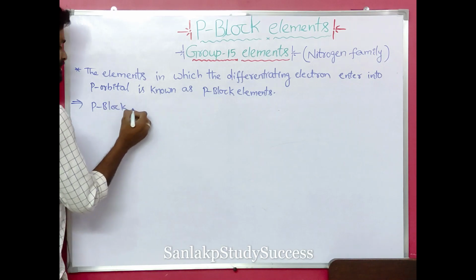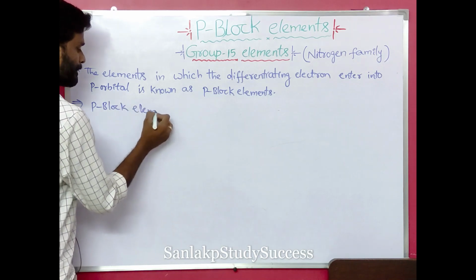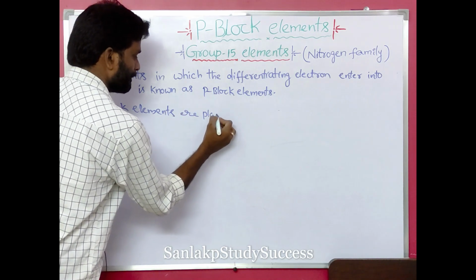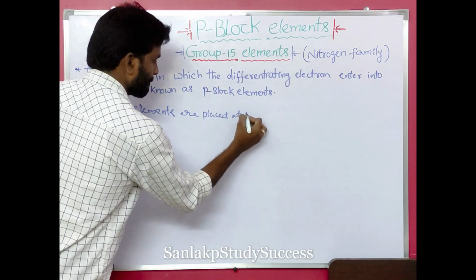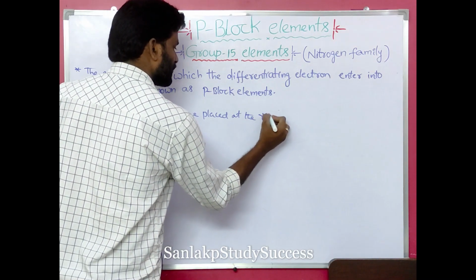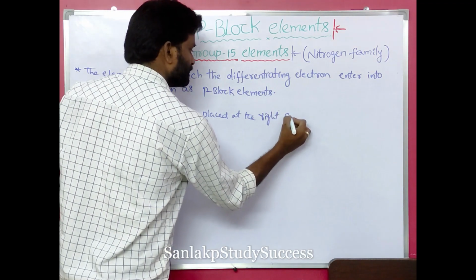P block elements are placed at the right side of the periodic table.